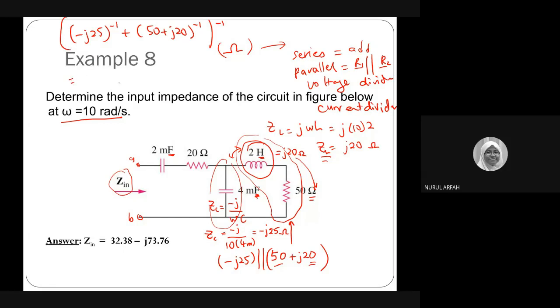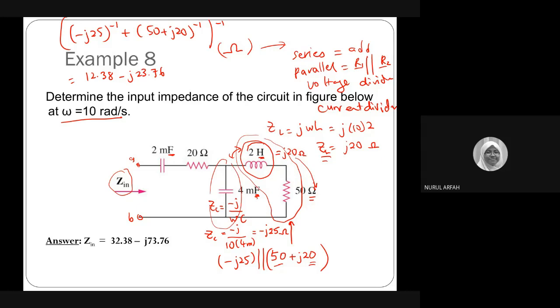What do you get? 12.38 minus j23.76. Negative 23.76. Let's see, do all of you get the same answer? Yes, right.